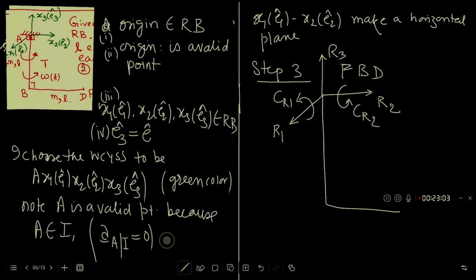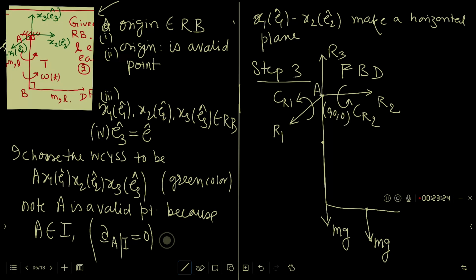Okay. What else? There is an mg coming here, and there is an mg coming here. Now, referring to this coordinate system that I have shown here in green color, if I have to write the coordinates of various points, A will have of course coordinates 0, 0, 0.